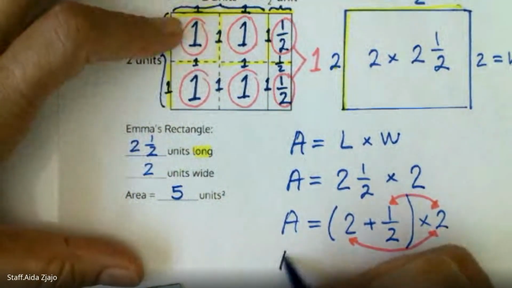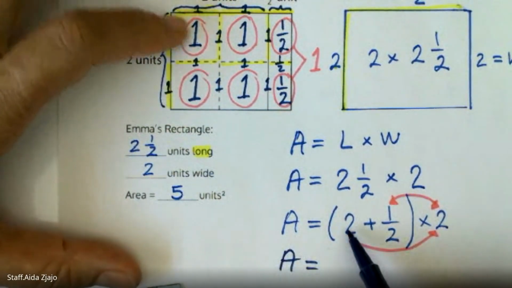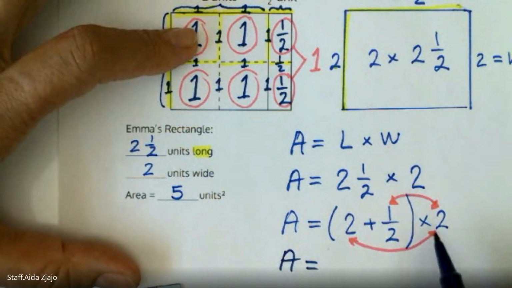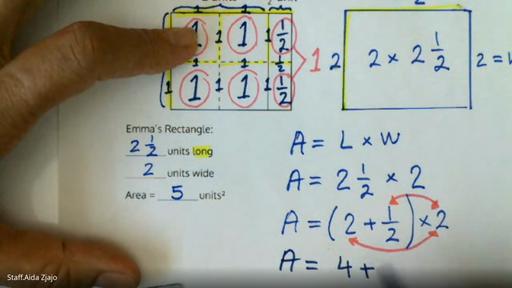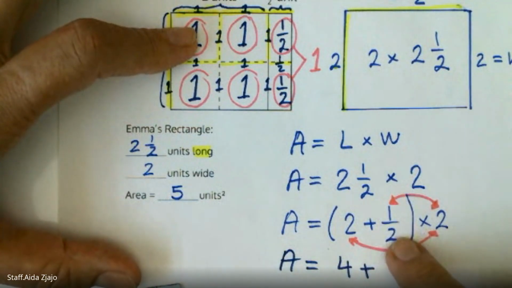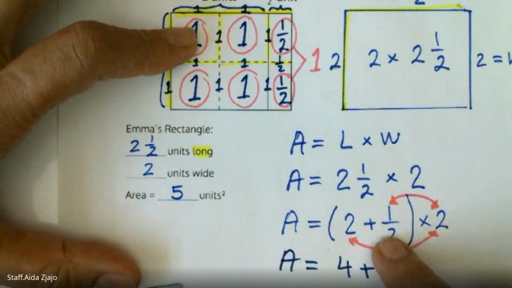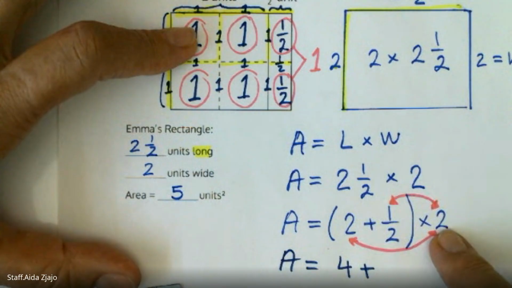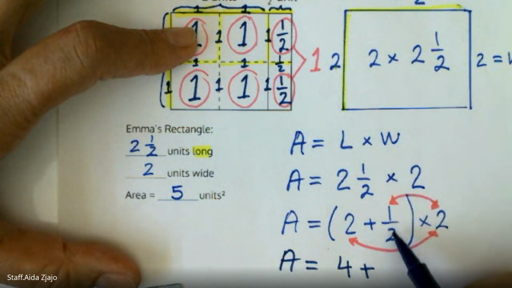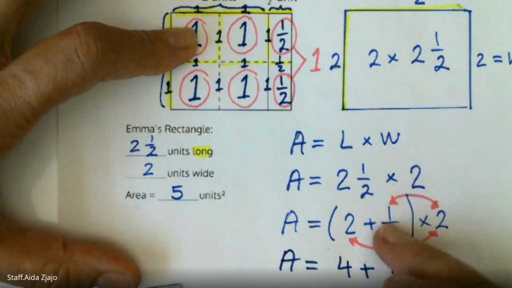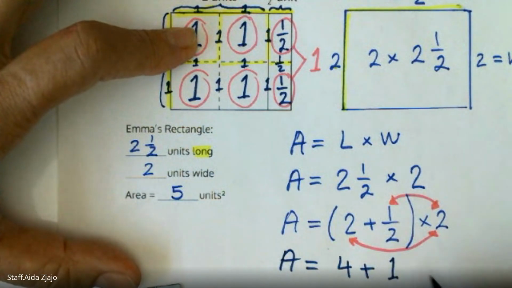So area equals, we can say 2 groups of 2, or 2 times 2 is 4, plus, now we can say verbally, what is 1/2 of 2, or 2 times 1/2. So half of 2 is 1, or 2 halves are also 1. So finally, the area is 5.